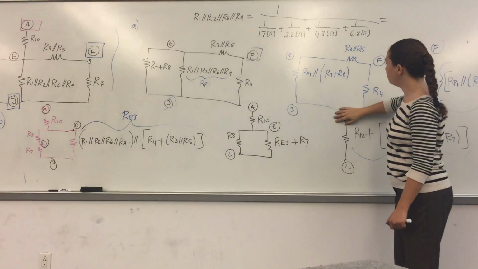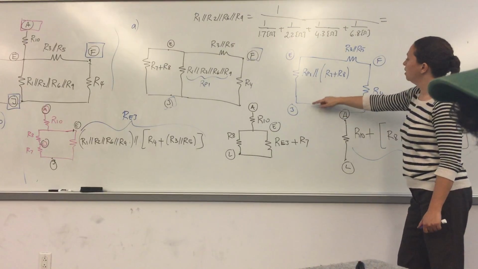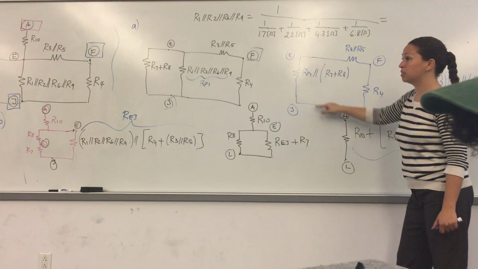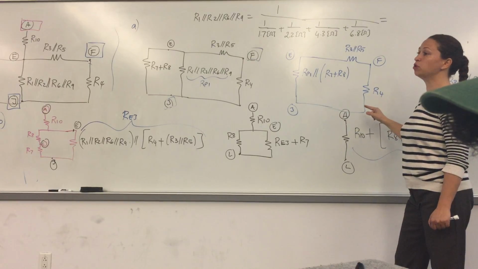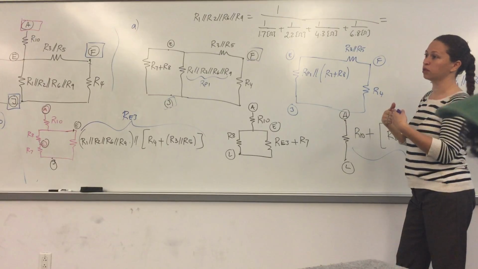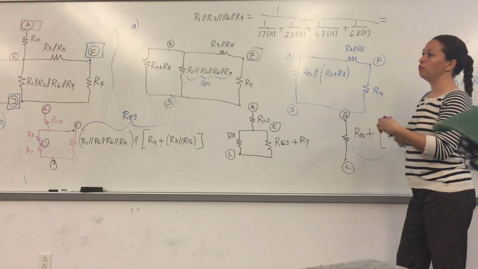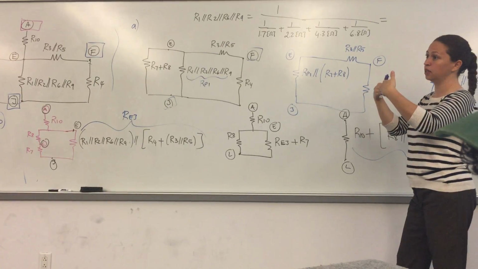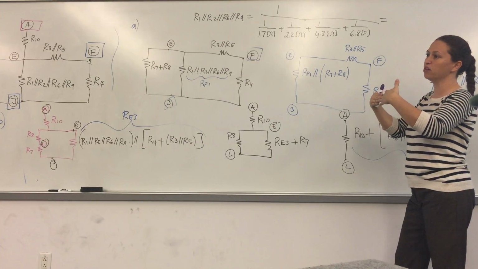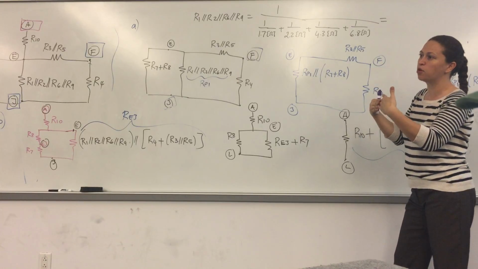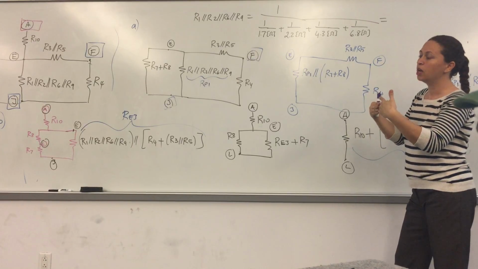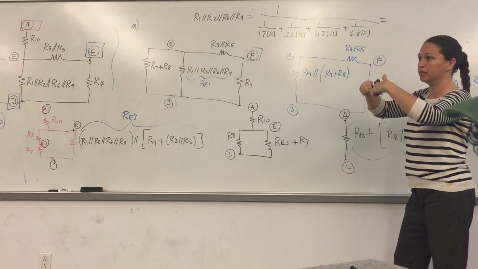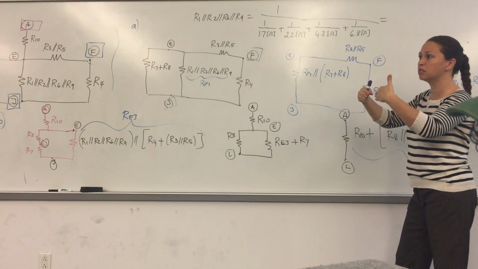Okay, so at that point, you have J and F. Everything is in series, right? What do you have to pay attention to when you are doing series combination? Whenever you know that two resistors are in series, that's not good enough. In order to decide if you want to combine them or not, you ask yourself, am I interested in the middle point between those two resistors?